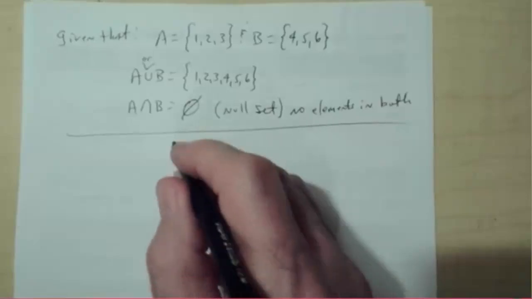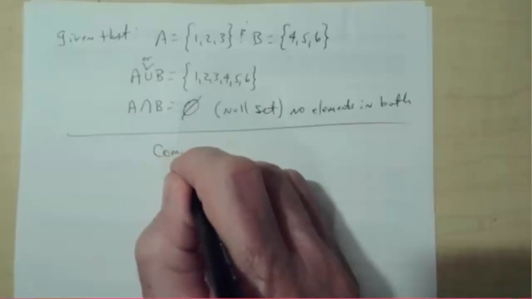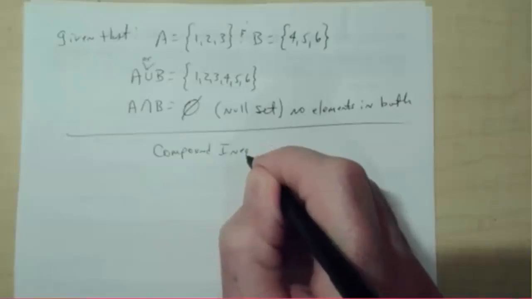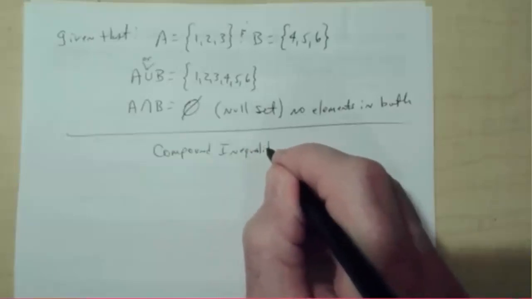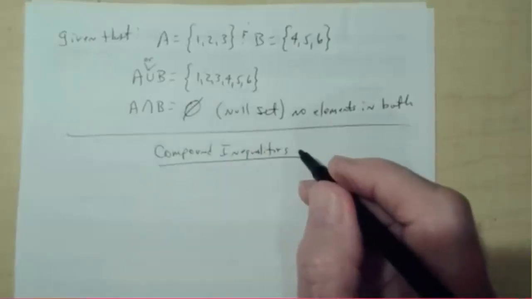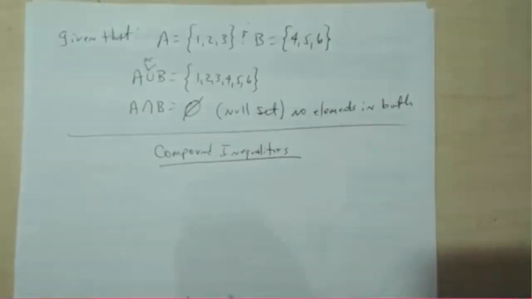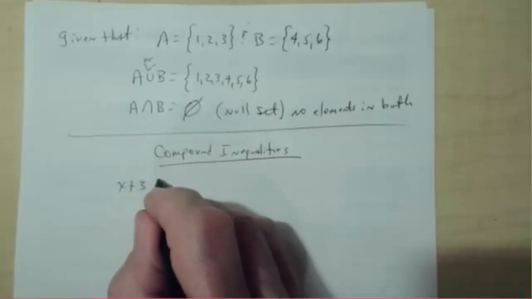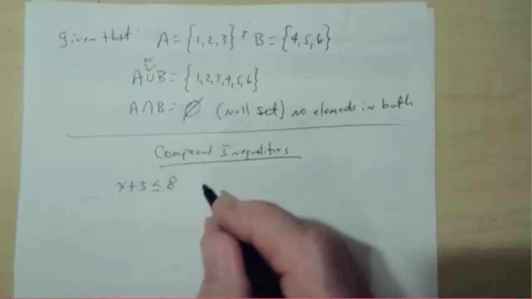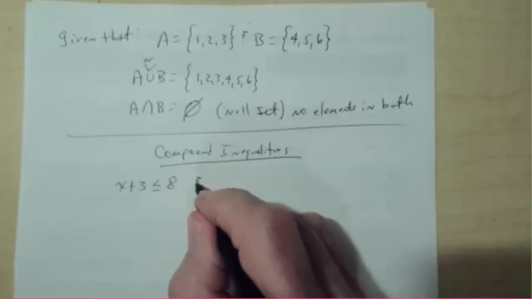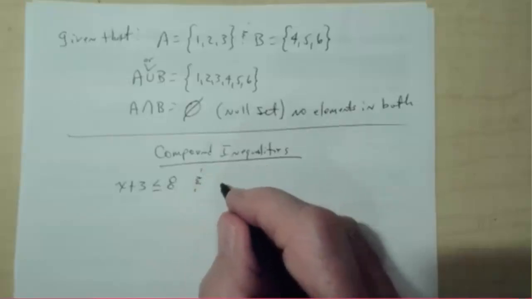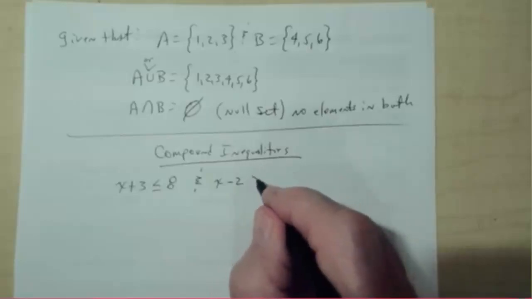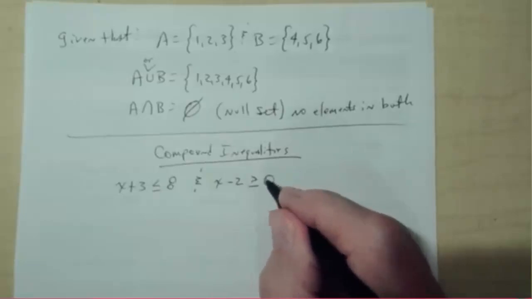Now, compound inequalities. If we have x plus 3 less than or equal to 8 and x minus 2 is greater than or equal to 0.